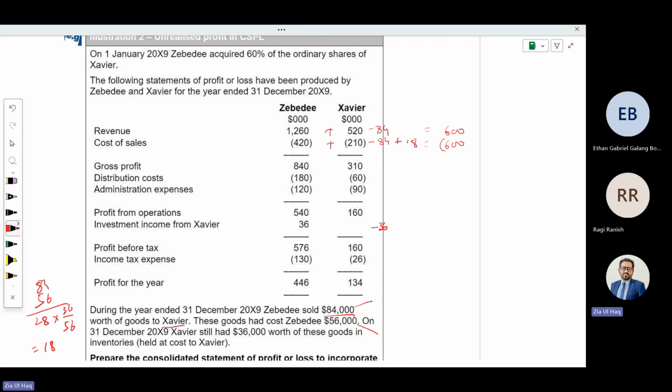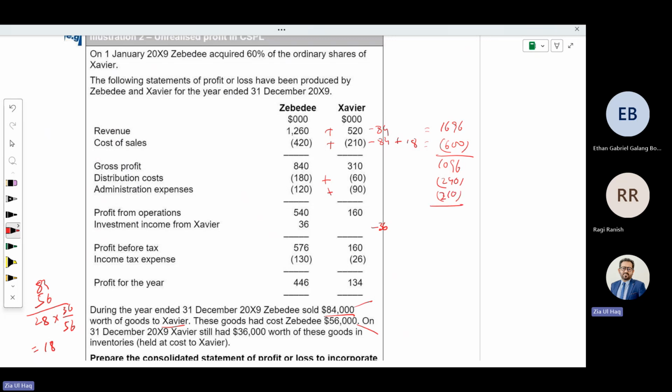This is 600. Okay, what is the sale figure? 1696. So GP we can calculate: 1096. And these we simply need to add, 240. This simply we need to add to 10.